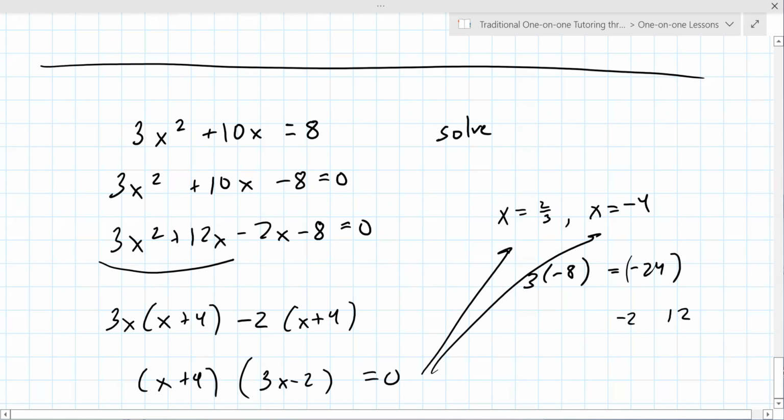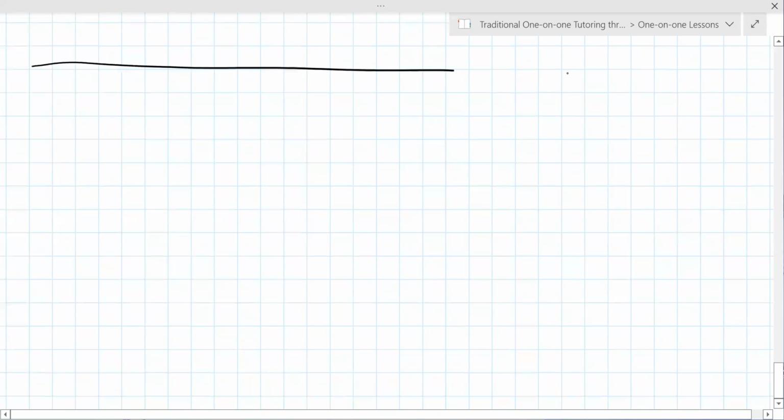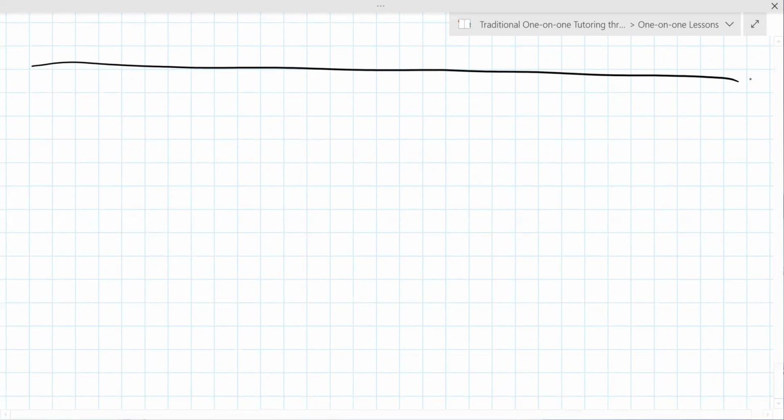But we can do a completing the square one.